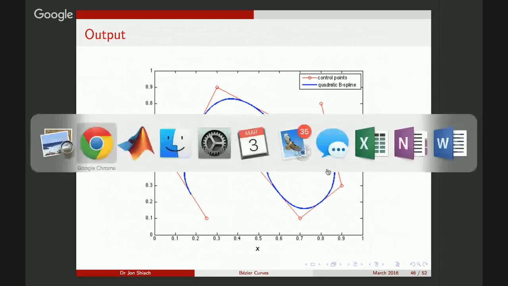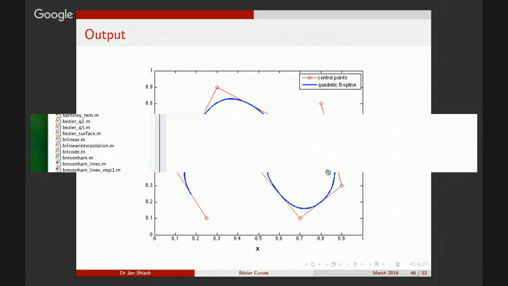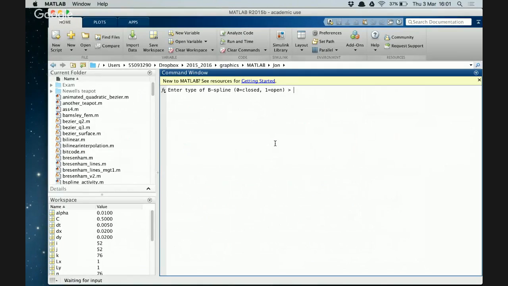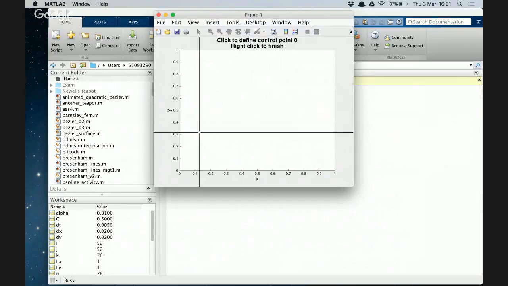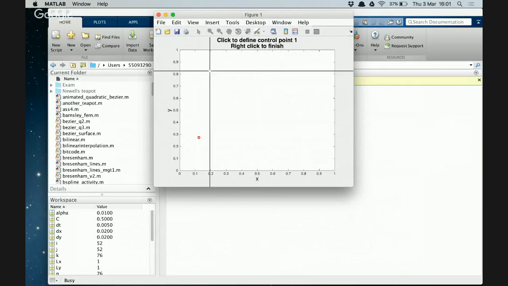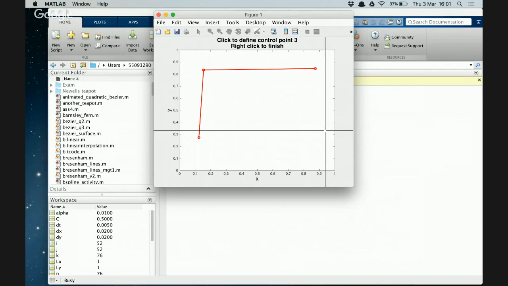Hopefully I've got a demonstration here. I'll talk about open in a minute. What I'm going to do is start a few. So there's my first curve. I've got 4 control points and 1 curve.